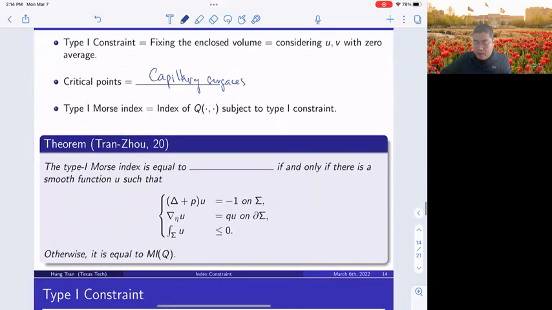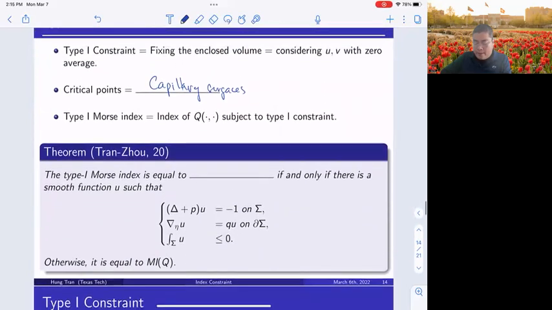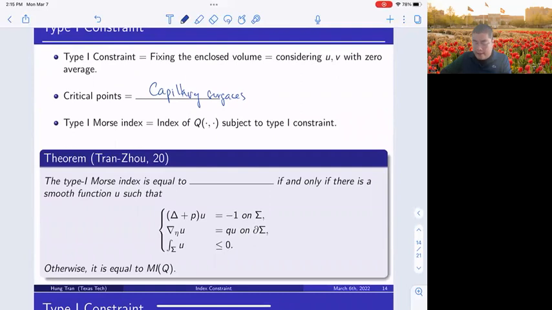So our theorem says that the type 1 Morse index here is equal to MI(Q), the index without any constraint, minus 1, if and only if the following PDE has a solution. So you have Laplace of u plus P times u equal to minus 1 on sigma. The derivative in the co-normal direction eta along the boundary of u equal to Q u on the boundary of sigma.